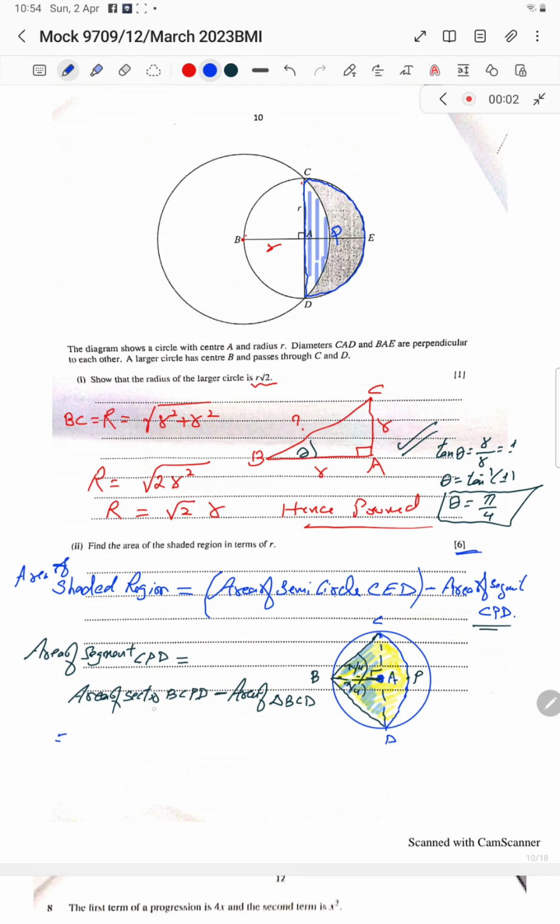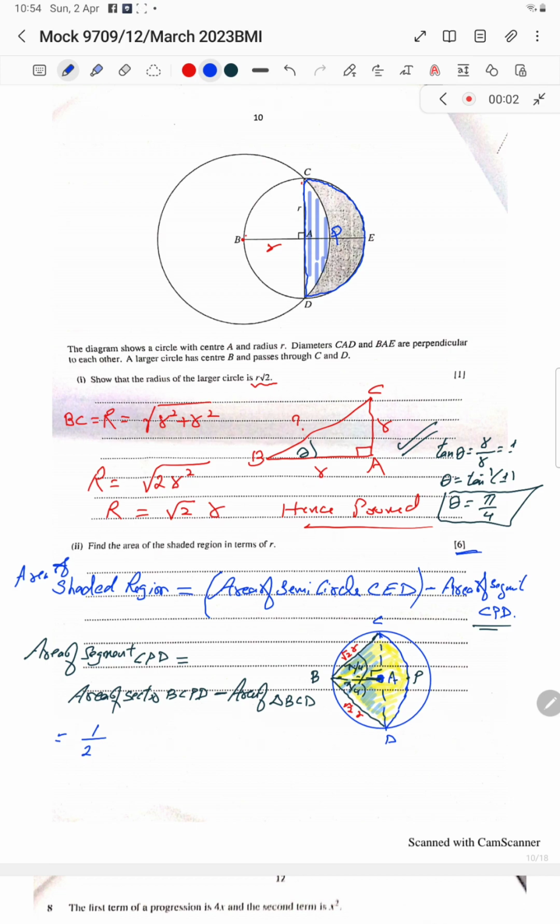So the area of sector BCPD, you know the formula, is half r square theta. So what is r here? Yes, r we already calculated. Let me write it in red here. That was square root 2 r. In the first part we did this, square root 2 r, right?